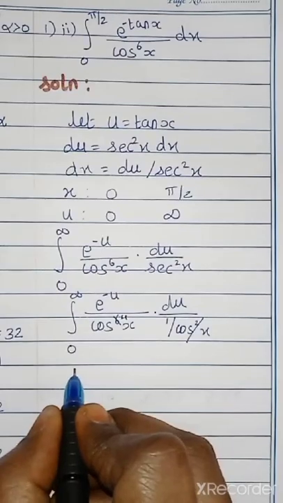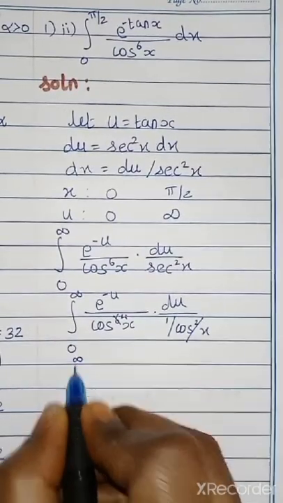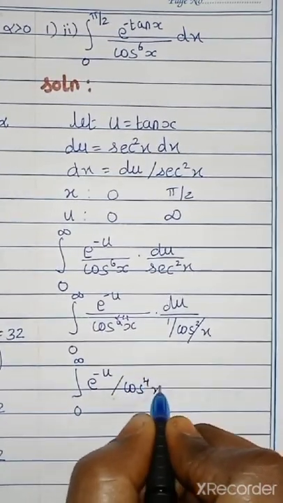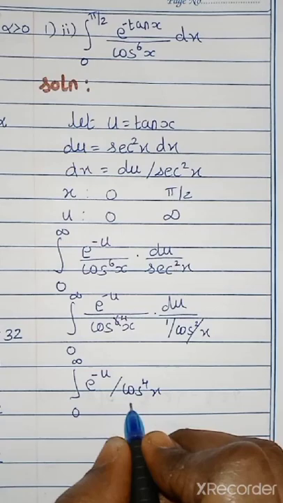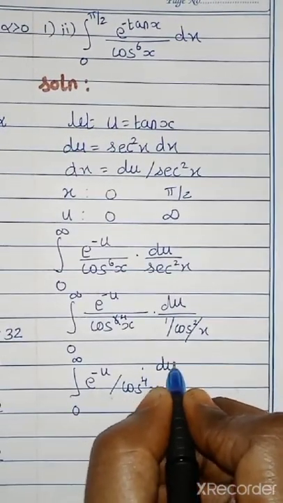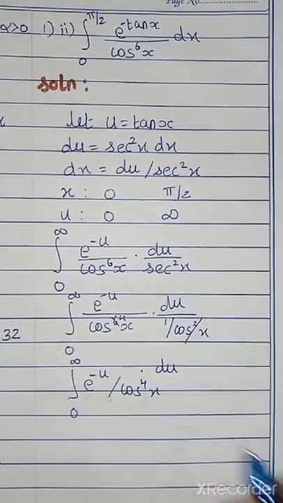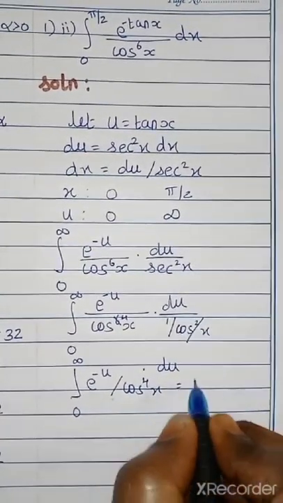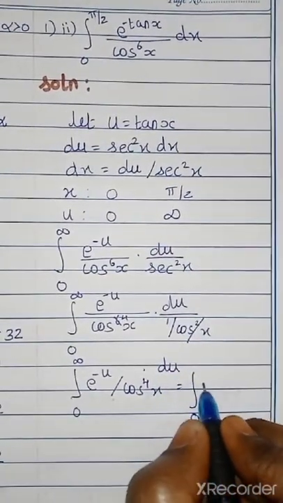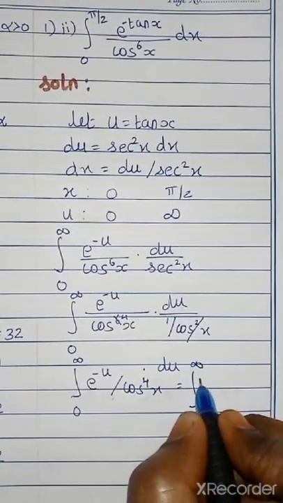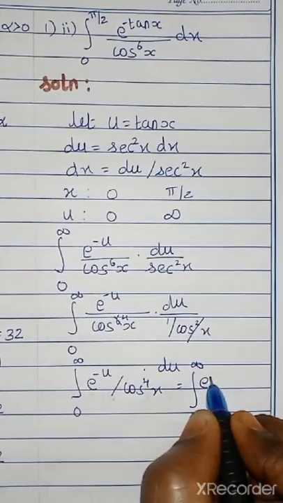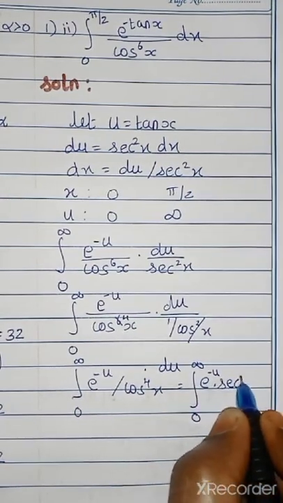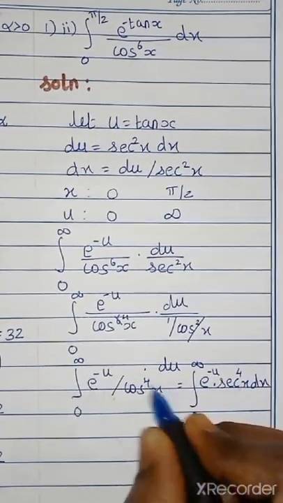Next, integral 0 to infinity e power minus u by cos power 4x into du, which is equal to integral 0 to infinity e power minus u into secant power 4x dx, since 1 by cos is secant.